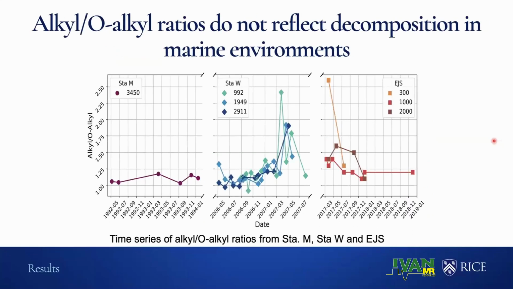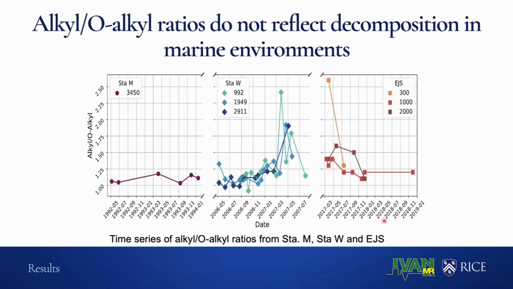As I mentioned earlier, the LQ-OLQ ratio is a well-established index for organic matter decomposition in terrestrial settings and has not been tested in the marine environment. This figure shows the time series of LQ to OLQ ratios for station M at 3,400 meters and station W and East Japan Sea for all three depths.